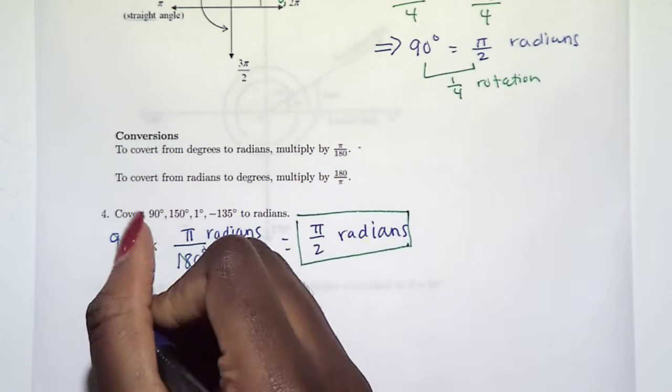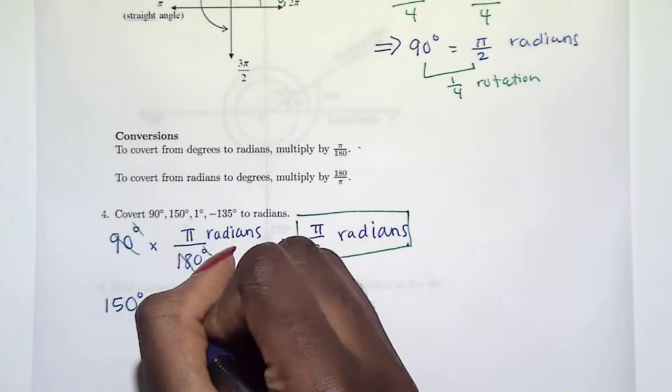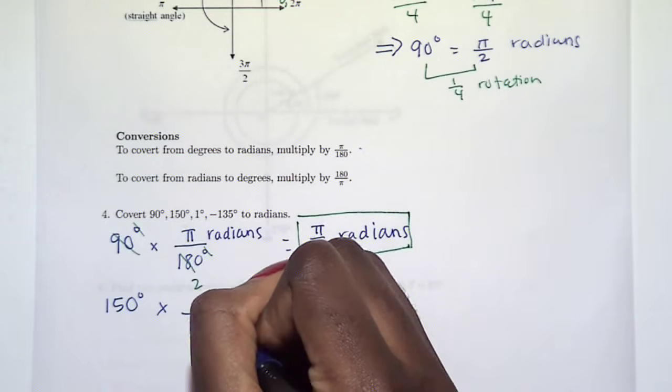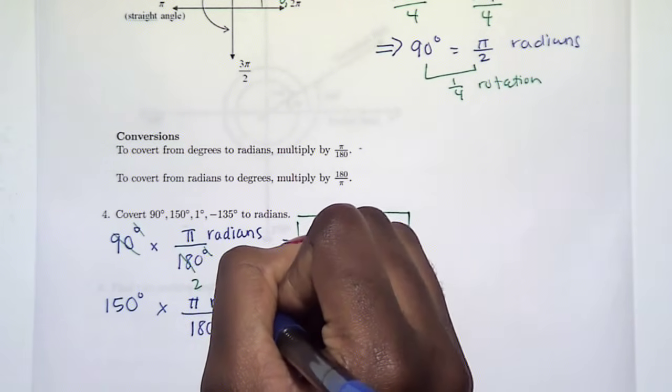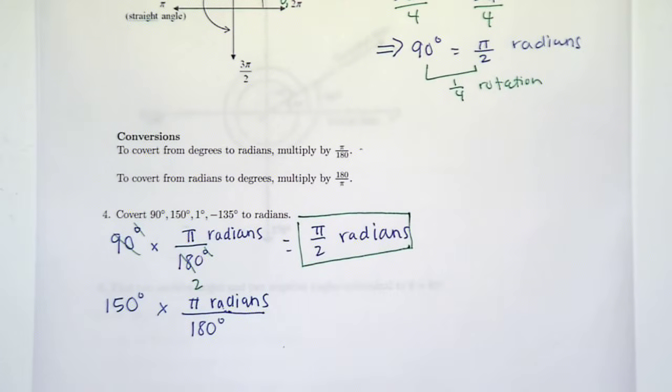We can do the same with 150 degrees. Remember, we want to cancel the degrees, so 180 degrees goes on the bottom, pi radians goes on the top. Let's see, what goes into both 150 and 180?